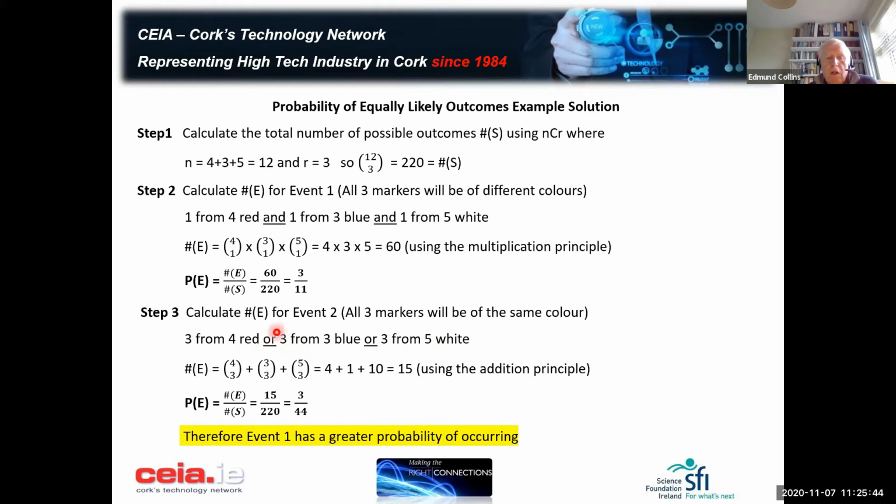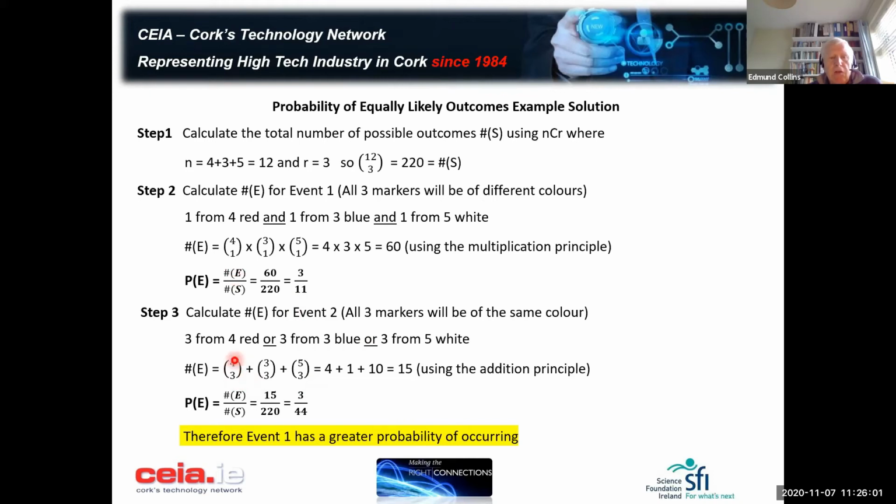You notice the or and the or, which indicates we're in addition territory here. So that's why we're using both the multiplication and the addition principle in solving this question.